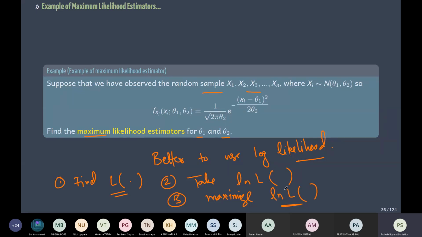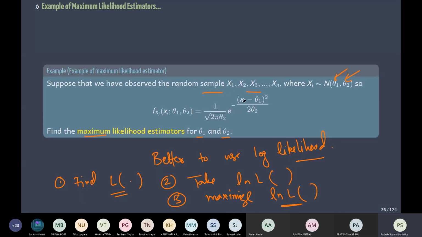These are the few things one has to take into account, and from there you will get the estimates for theta 1 and theta 2. What is even more involved in this case is that you now have 2 parameters, so it's a 2 parameter estimation problem. That's why it becomes a little bit more involved here, but it's possible to do this.